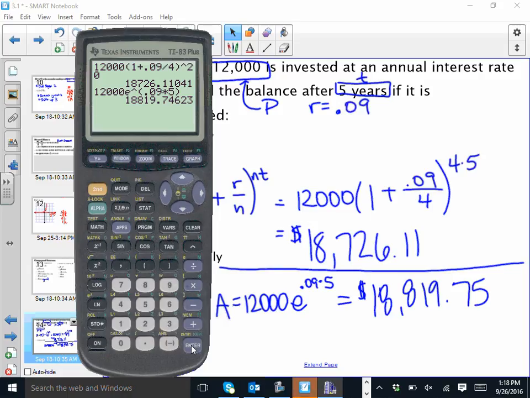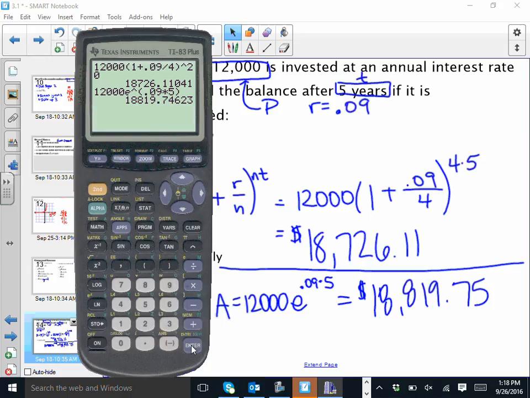Which one makes us more money? Why? Okay, the more times you compound, the more interest you're going to make. So if you're investing money, you want to have an account that compounds more often than not, because then you make money off of the interest more times.